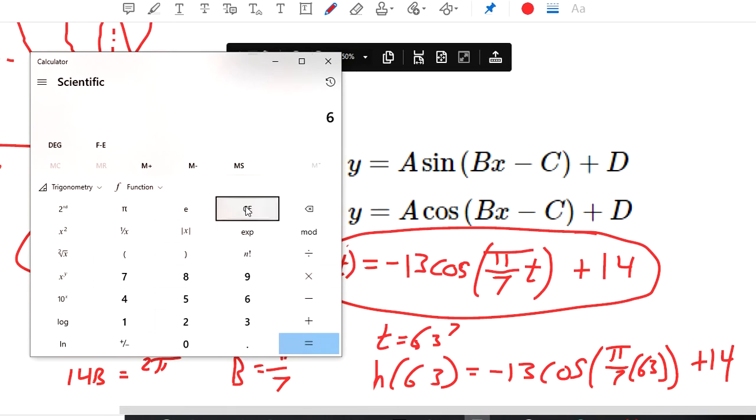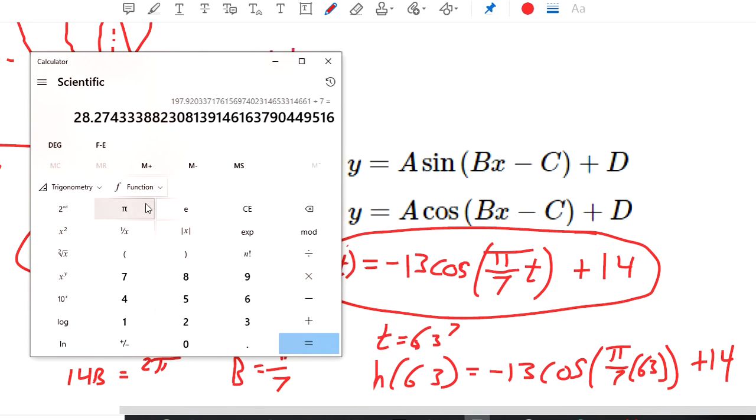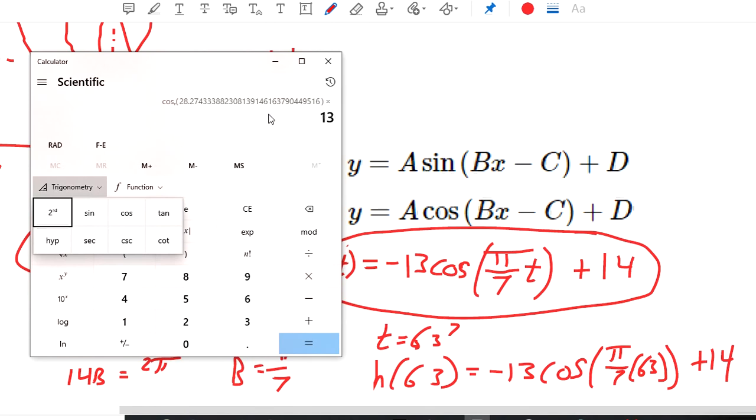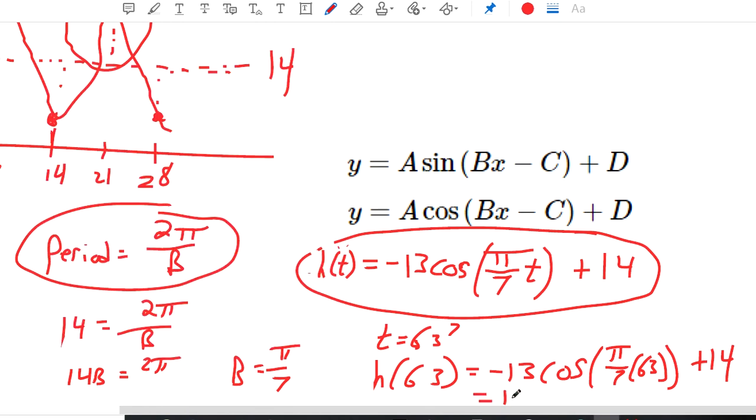We got 63 times pi divided by 7, and I'm going to hit radians first in my calculator, and then cosine of everything on the inside makes -1. And then -1 times -13, that should be positive 13. And 13 plus 14 gives me 27.